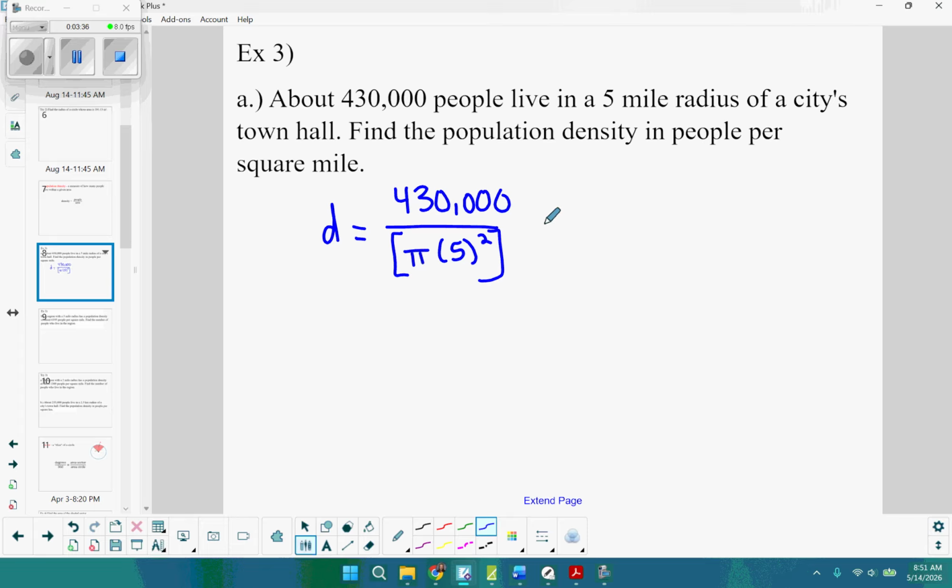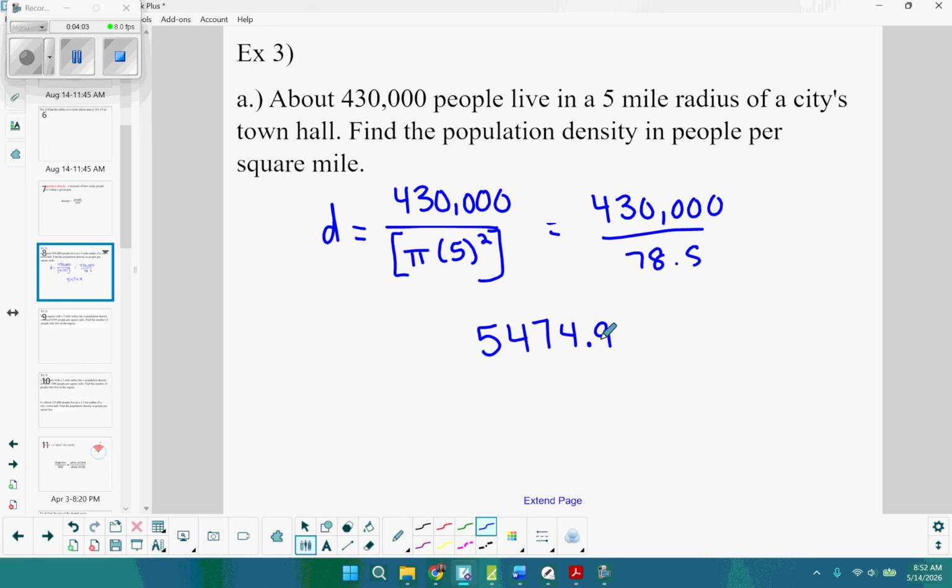So in my calculator, I'm doing pi times 5 squared first, and I got about 78.5, and I'm going to do 430,000 divided by the answer in my calculator, and I get about 5474.9. We can leave this as a decimal, or we can round it.